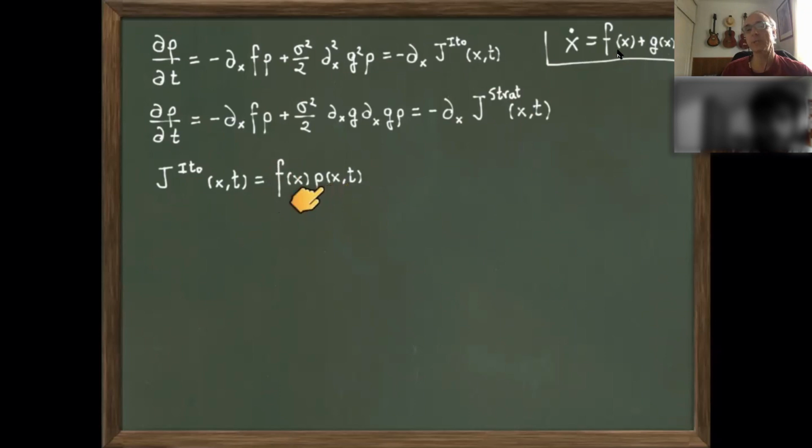You could see this rho as also the number of particles at position x and time t. If you see x as the position of a particle, and you have an ensemble of particles, this will be the current of particles crossing x. And the current of particles is precisely the number of particles, which is rho, times f, which is the velocity. So this term tells you what is the current due to f, this is called the drift. But it has another term, which is this one.